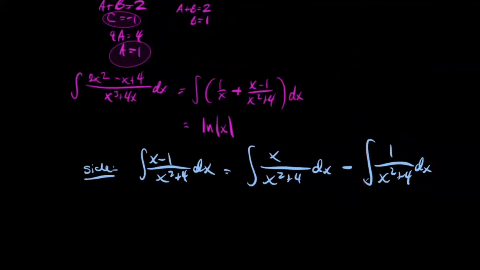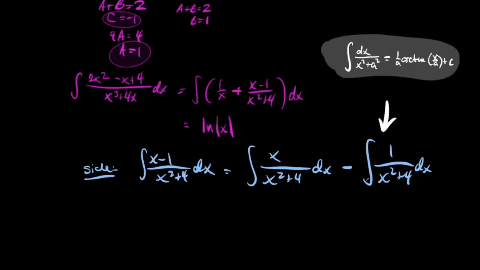So we know that the integral of dx over x squared plus a squared is really 1 over a arctan of x over a plus c.